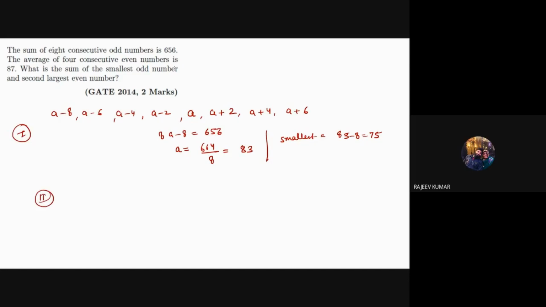The sum of 4 consecutive even numbers is 84. So again a-4, a-2, a, a+2. Taking the sum, 4a minus 4 is equal to 87.